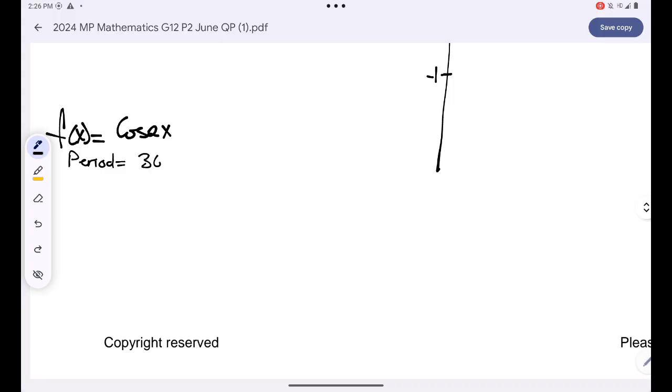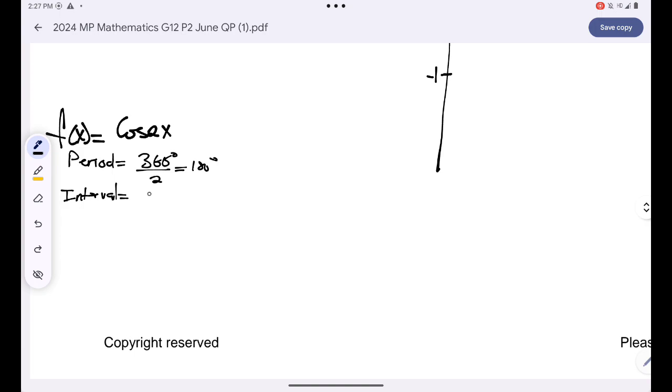That's just 360 degrees divided by the coefficient of x, which is 2, so that's 180 degrees, right? And therefore I need to find the interval. You may ask yourself, what is an interval? An interval, guys, helps us to find the important x values in our graph.